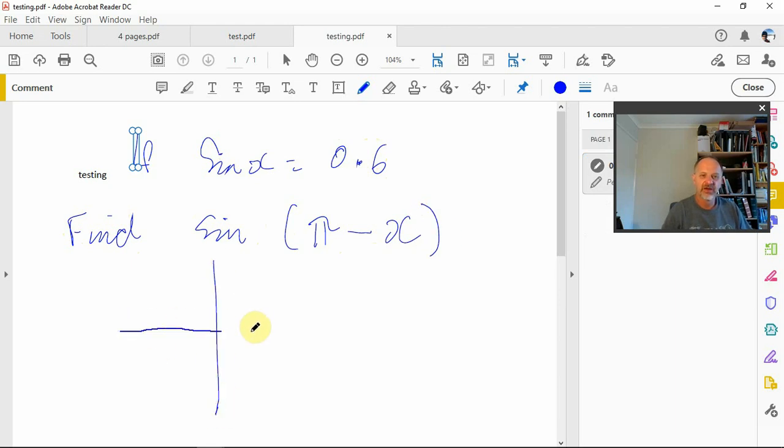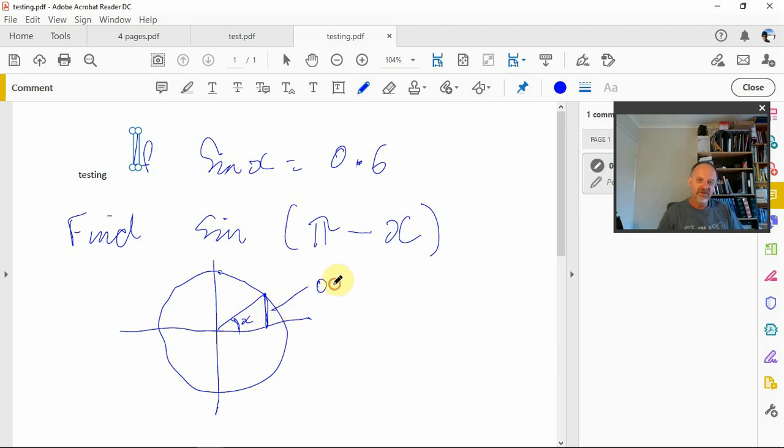So the way I would always do it, here's my unit circle, sine x. So if this is x, there's my x. And the sine of x, that's that length there, is 0.6. This is a unit circle, so that's 1. Now let's have a think about this. Pi minus x.